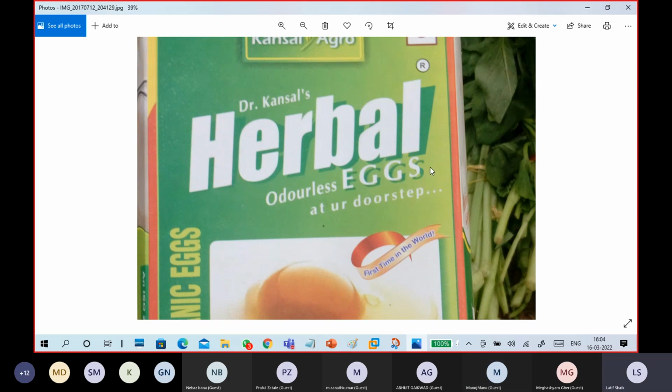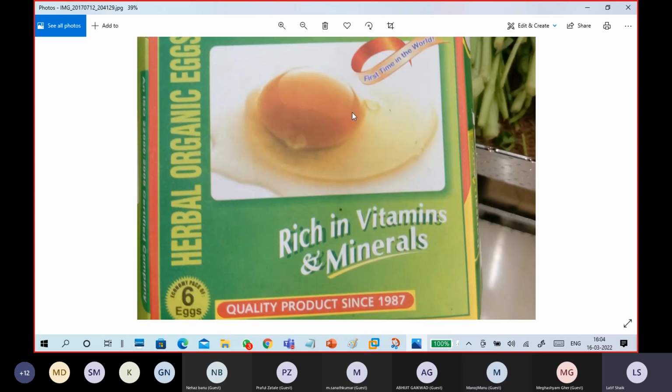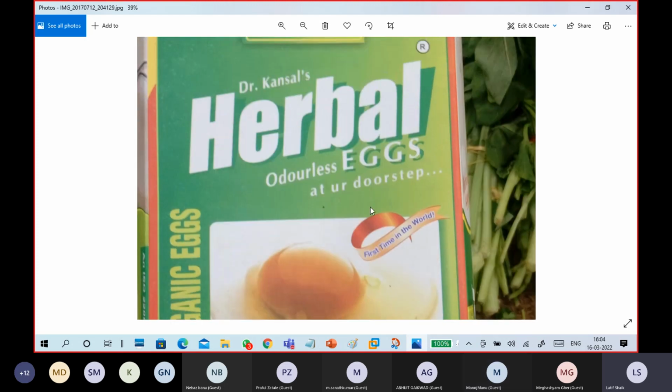It is not chicken eggs, not duck eggs, or anything. It is herbal eggs. Organic, herbal organic eggs, rich in vitamins and minerals.